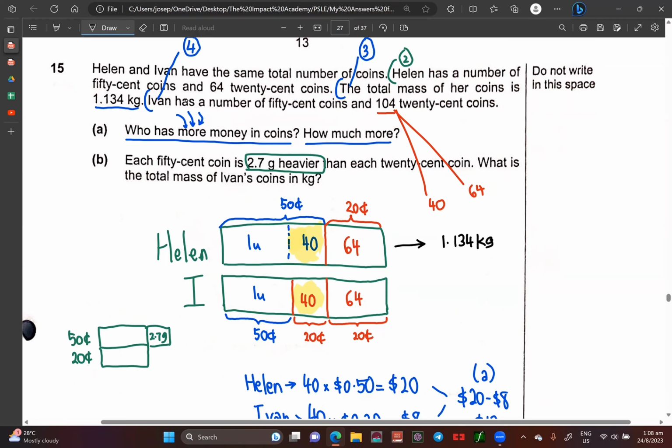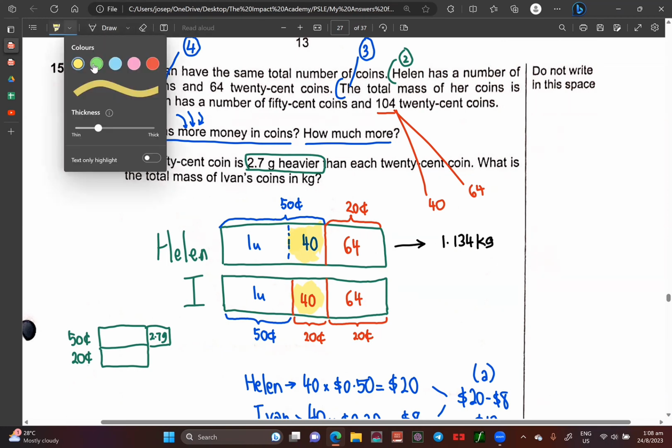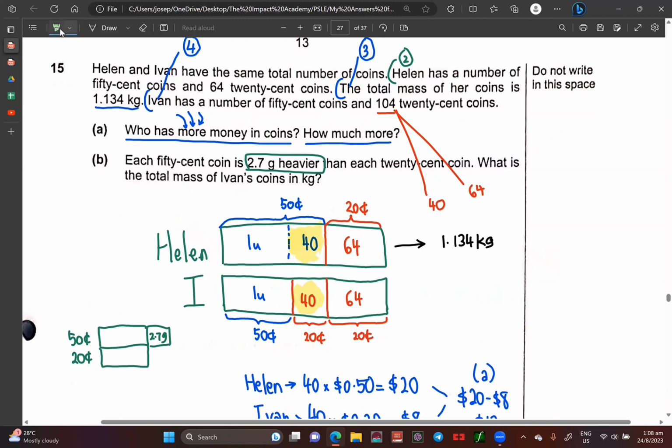Now I'm going to show you the ones that are the same. You can see that these 64 20-cent coins will have the same weight as Ivan's 64 20-cent coins. I believe this is something that y'all can understand. Now, this 1 unit of 50-cent coins from Helen has the same weight as this 1 unit of 50-cent coins from Ivan.